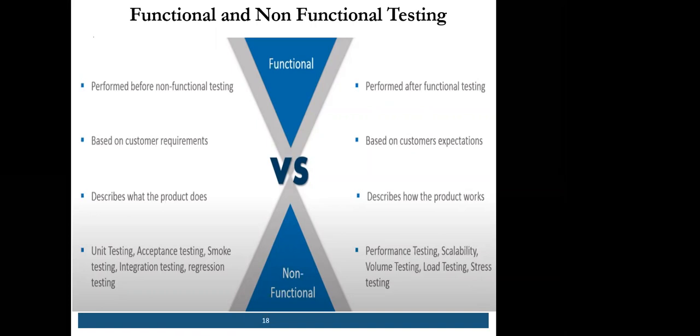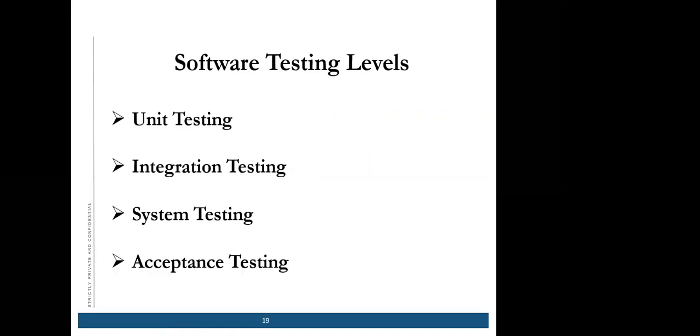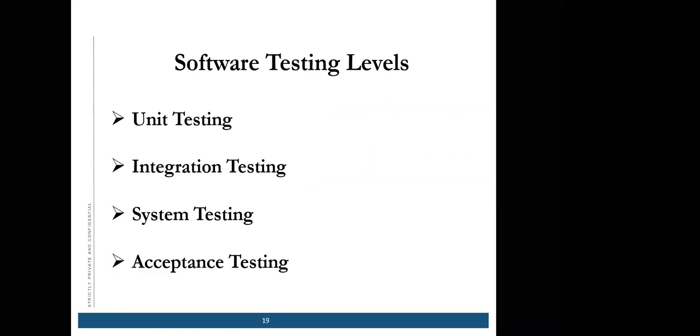Okay, thank you. Coming to next, as I told in today's topic also, software testing levels. These are the different levels of software testing. First comes unit testing, then integration testing, system testing, and acceptance testing.